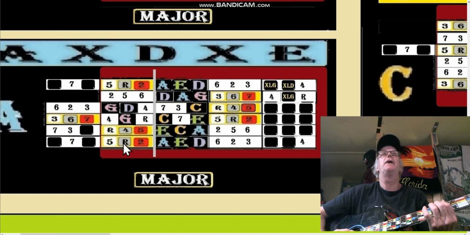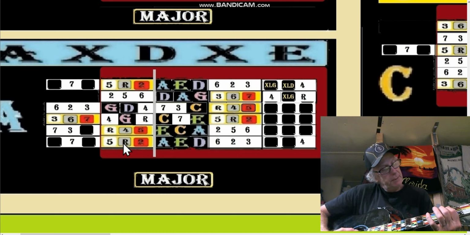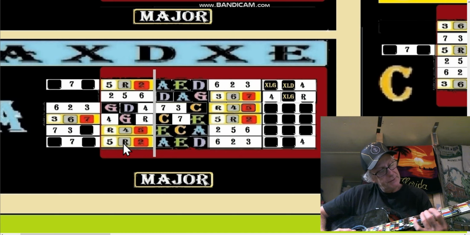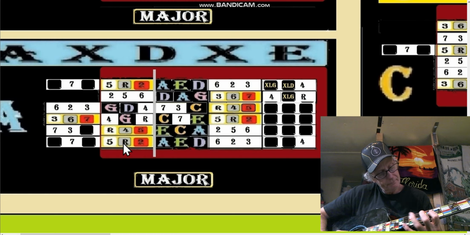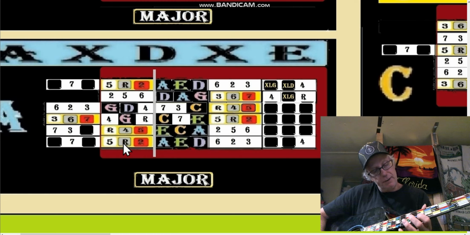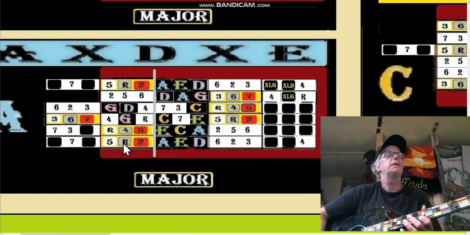But it also has the same string shape. C has the same string shape as the one below it. I'll just say the one below it as E. And D has the same aliases with, let's see, D goes.